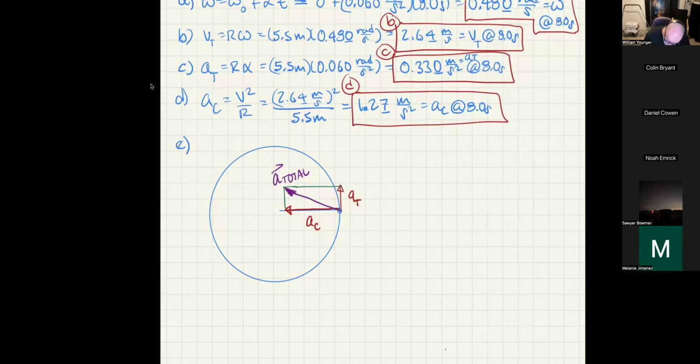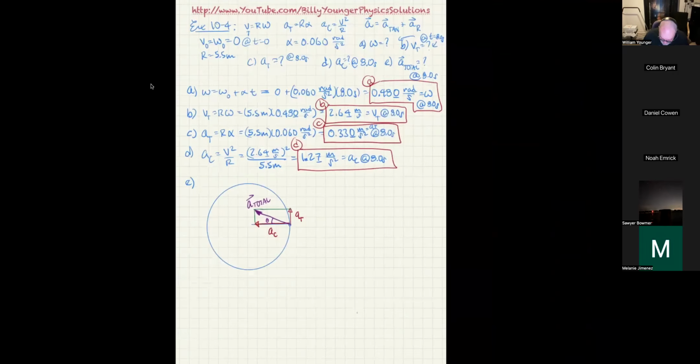And in fact, we might want to know specifically, let's say this angle right here is theta. So now we can see that A total, once we realize that A tangential and A centripetal are both perpendicular to each other, according to the Pythagorean theorem, is A tangential squared plus A, in this case, centripetal squared.